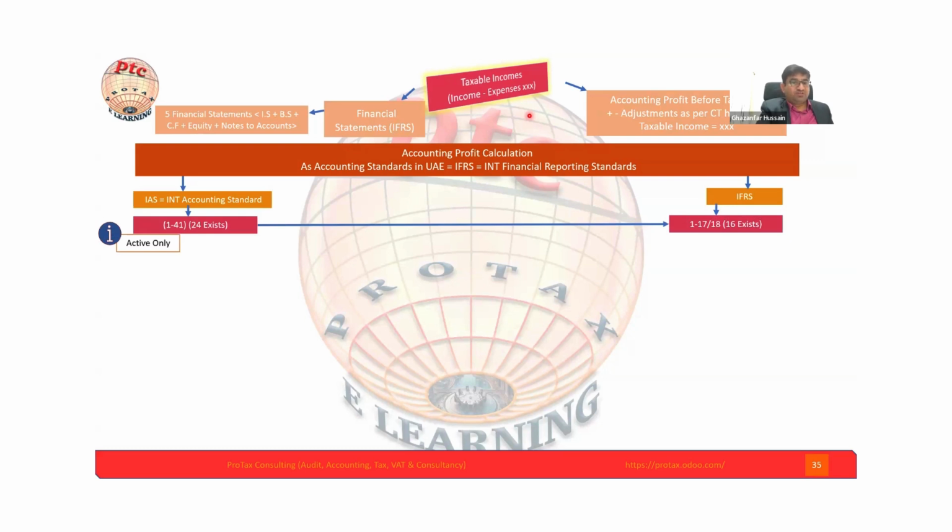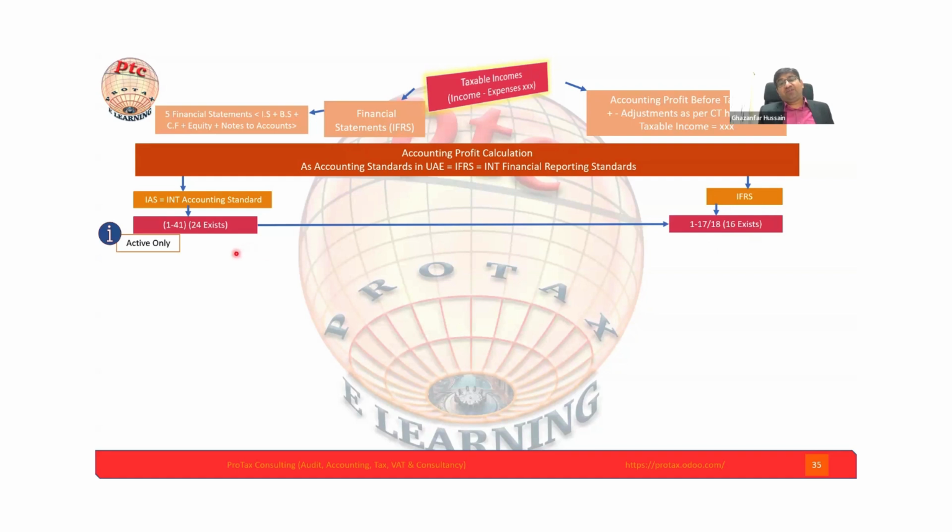The total is 41 accounting standards, but from the 41, only 24 are active or live. The others are obsolete, or they deactivated them based on the latest study or evaluation. So active IAS is only 24 out of 41.